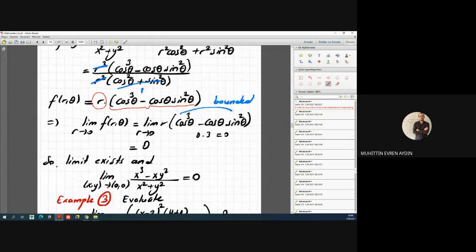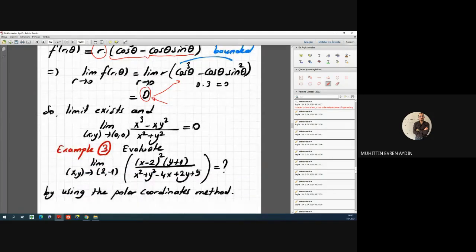So if r goes to 0, then we obtain 0 independent of the value of theta. No matter what the value of theta is, the limit is 0. So we say that our limit exists and equals 0.